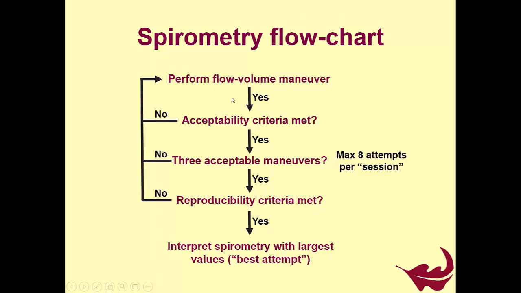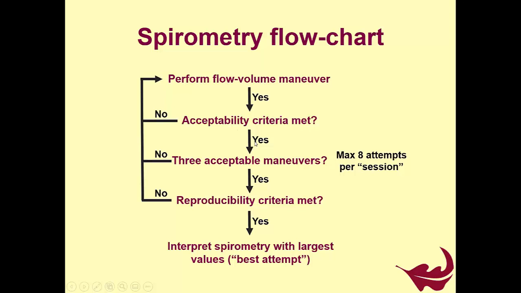So this is the flow chart. So you perform your flow volume maneuver. Once you've done that, you look at each one of them and you say, have I met the acceptability criteria? If it's not an acceptable one, you discard it and you perform another one. If you have something that is acceptable, then you do 3 attempts.